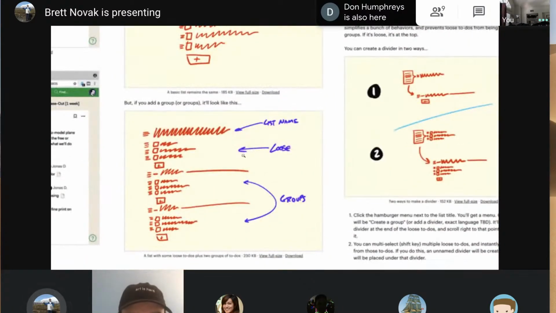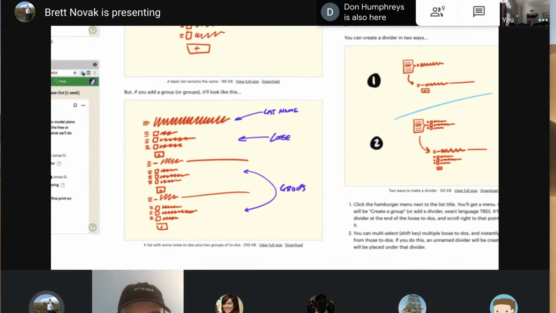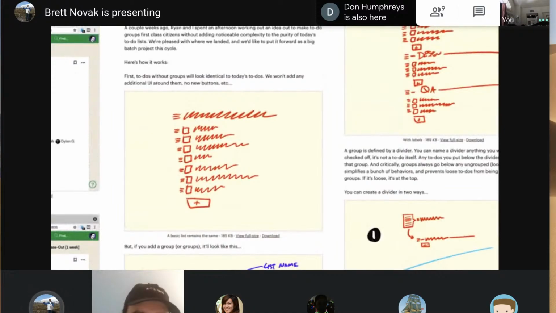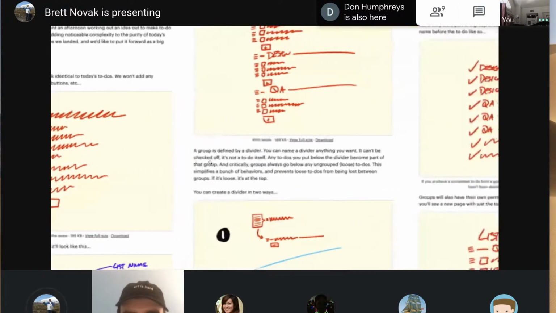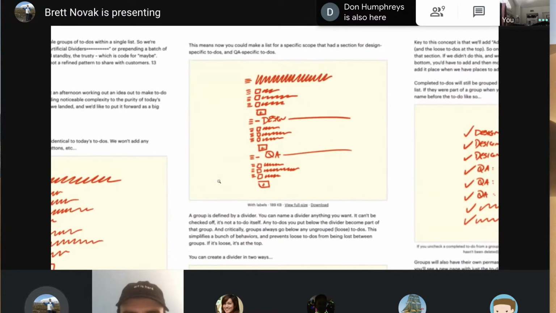What I like about the proposal, and I guess it's not that big of a deal, is how they say stuff like, hey, any new groups are going to be created at the bottom. So let's say we have 10 different to-do items and 2 of them are in group A and 2 of them are group B. The other 6 items are just always going to be at the top. There are a couple ways to add items to a group or to create new groups.